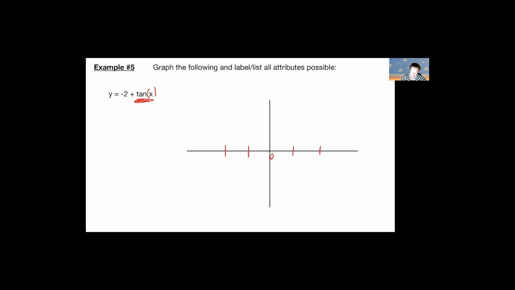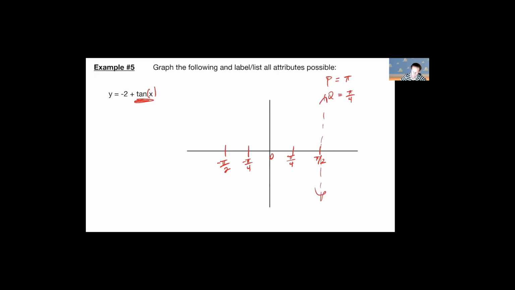So 0, pi over 4 and pi over 2, negative pi over 4 and negative pi over 2. Now normally that's pi over 2 and pi and 3 pi, but remember the period for these is pi rather than 2 pi. So my quarters is going to be pi over 4.